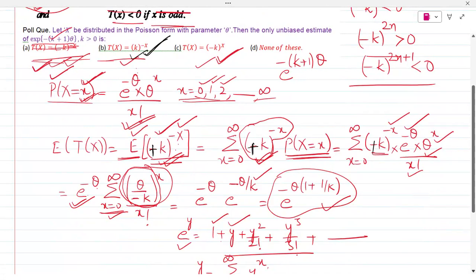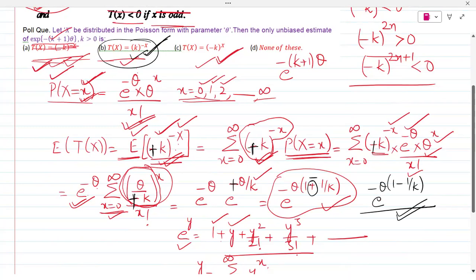Now instead of plus, it will be minus, meaning e^(-theta) times (1 minus 1 by k). This is the parameter for which this one is the unbiased estimator. But even this is not the given parameter.